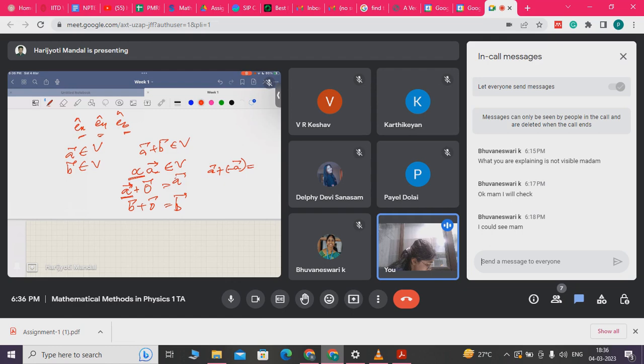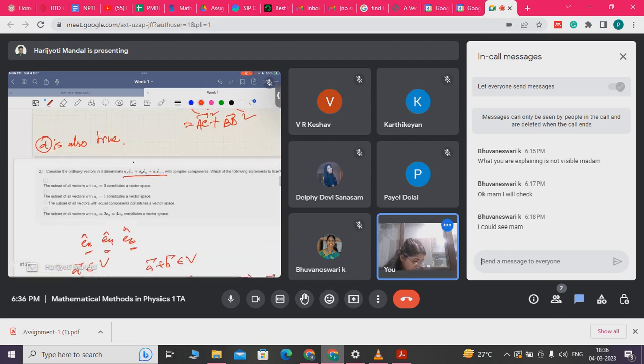And there needs to exist an inverse element. For A it will be minus A, which will give us the null. So minus A also needs to belong to V.